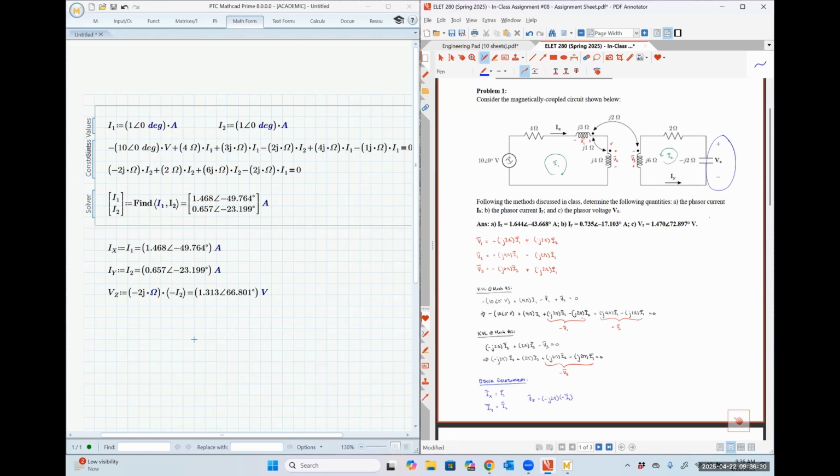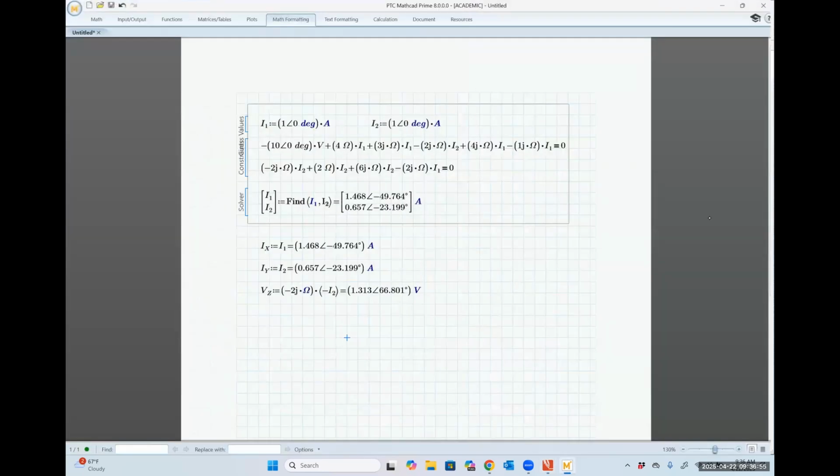Minus J2 times I2 plus 2 ohms times I2 plus J6 I2 minus J2 I1 is equal to 0. I literally don't see an error here, so I'm going to try to do this a slightly different way and see if the numbers come out the same.